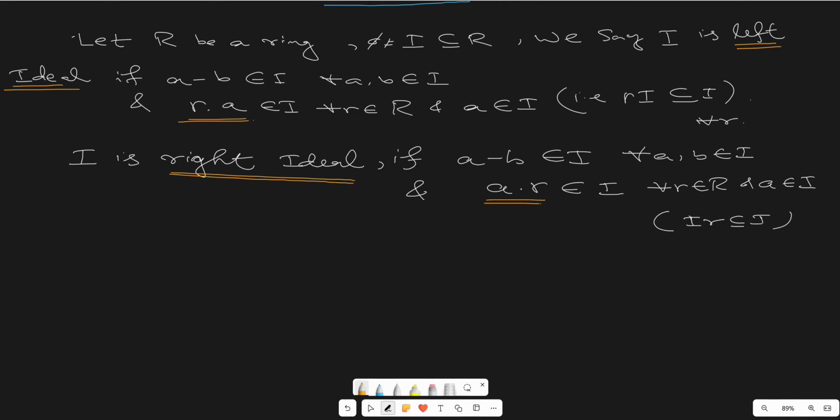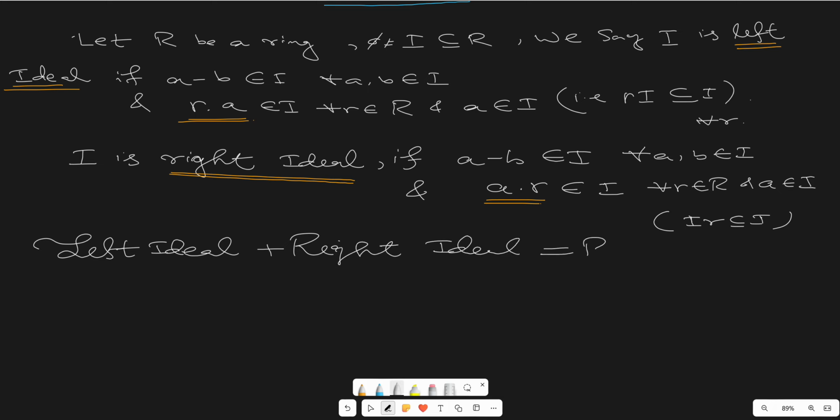So this is a right ideal and a left ideal, and when something is both a left and a right ideal, we say it is an ideal. Left ideal plus right ideal equals ideal.